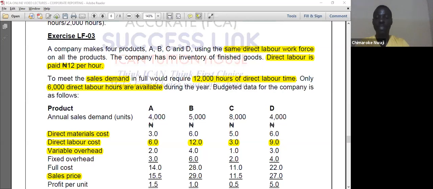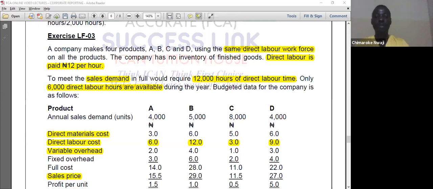When you divide 3 by 12, you get 0.25. When you divide 9 by 12, you get 0.75. Now, this is our scarce resource. Direct labor is our scarce resource.